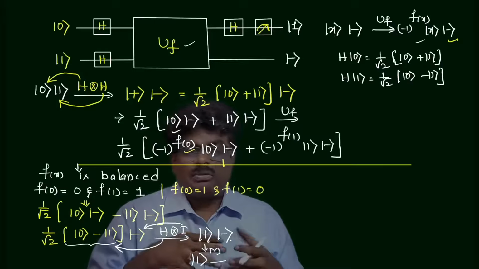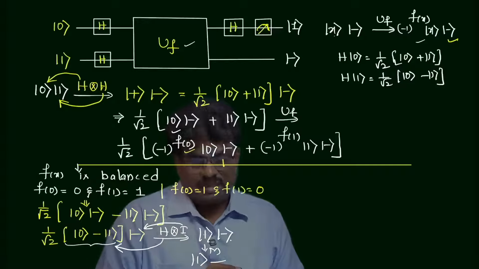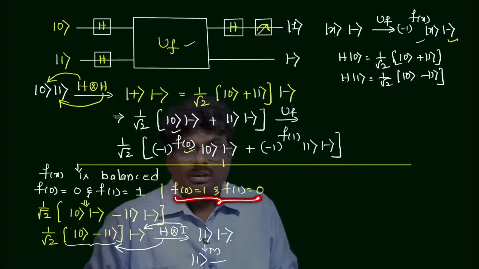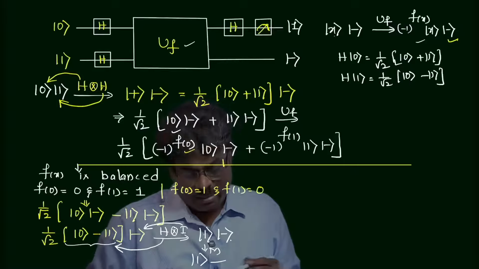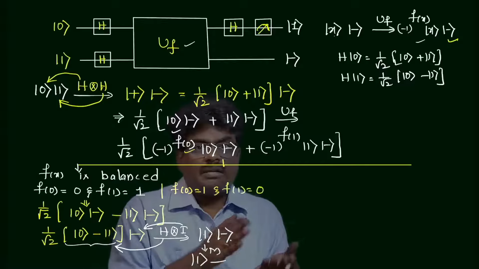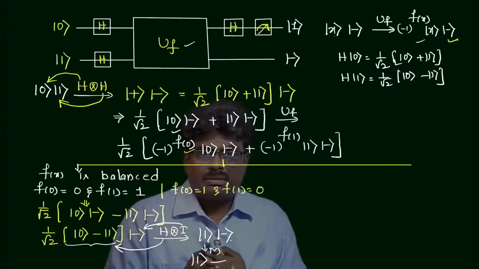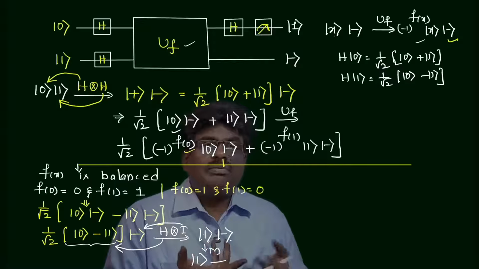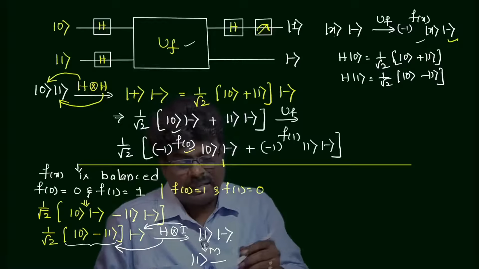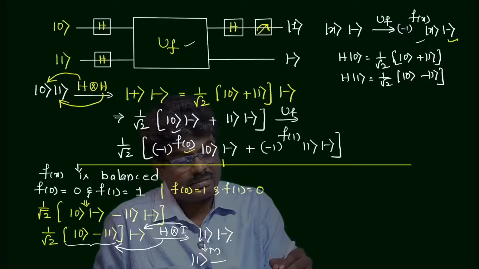This is possible only when f(x) is balanced. Now you can try this one yourself. If you take f(0) as 1, here you will get a minus and here you will get a plus. Then I will take the minus outside as common, so some phase difference will be there.